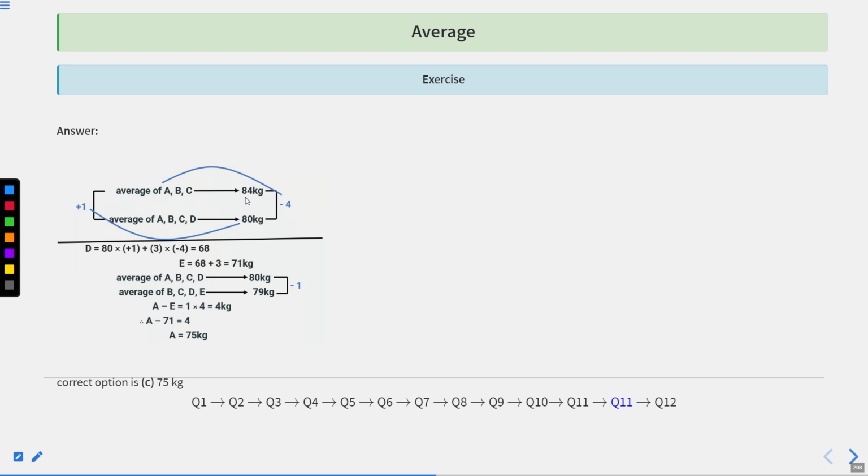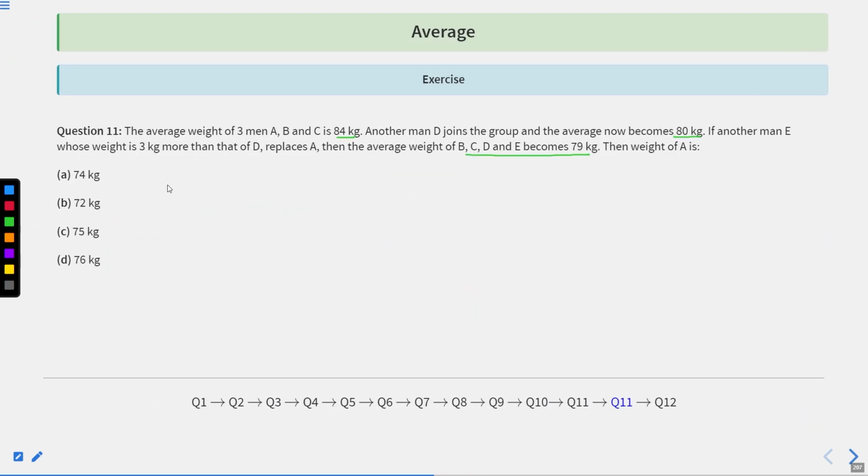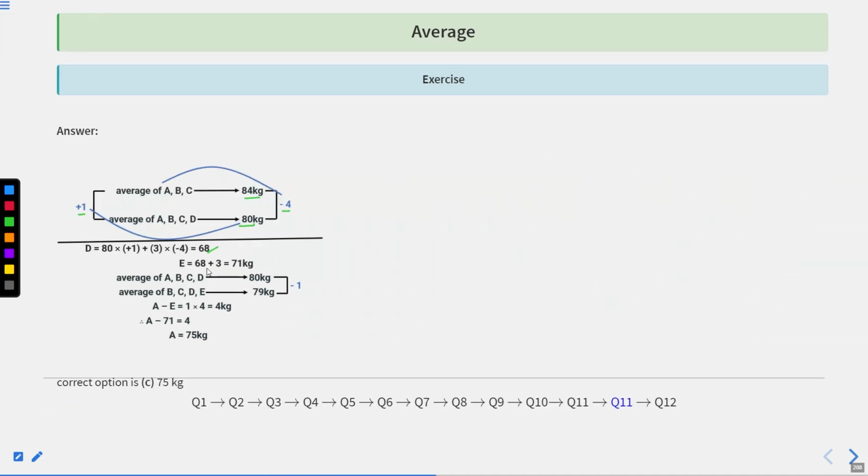So let us see the solution. The average of ABC is given to be 84 kgs and the average of ABCD is given to be 80 kgs. If you now see, there is +1 change in number of people and -4 deviation in the average weight. So the weight of D will be given by 80 times +1 plus 3 times -4, that is 68 kgs. Also it is given to us that the weight of E is 3 kg more than D. So we write E equal to 68 plus 3, that is 71 kgs.